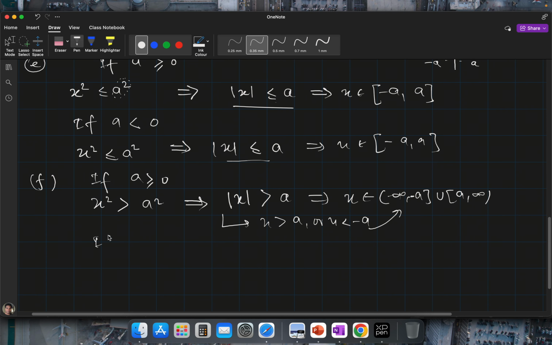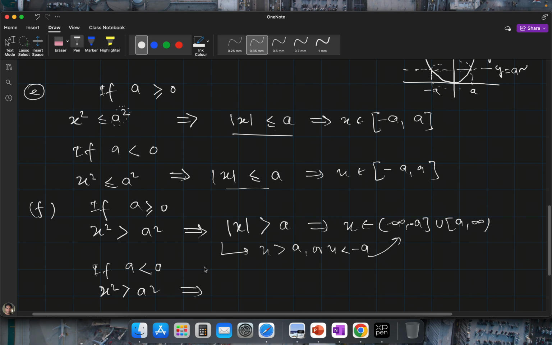Okay, but what if a is less than 0? What is the solution of this equation? What is the solution? I have already drawn this, right?